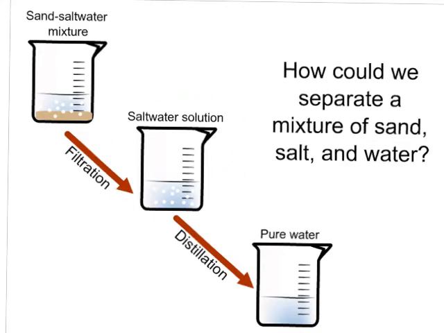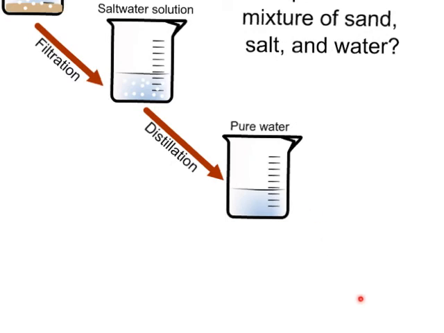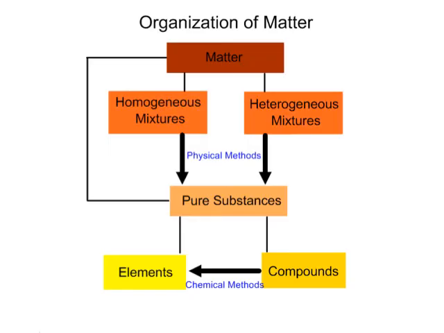And then if we take our saltwater solution and perform distillation, we can end up with pure water as well as the salt too. Those can both be separated. So we can use those in combination in order to separate more than two substances that are mixed together.